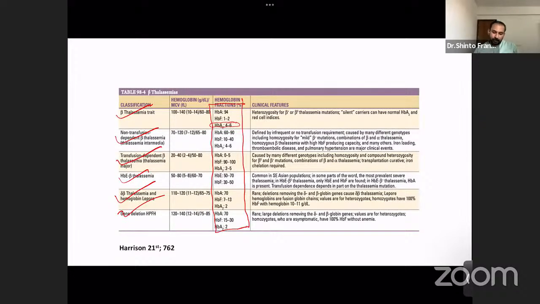Here in non-transfusion dependent, HbF is 10 to 40 and HbA2 is 4 to 6, so there will be more HbF. In beta thalassemia major, it is majority HbF and HbA2 between 2 to 5. In HbE, again HbF is 30 to 50 and the HbE fraction is 50 to 70 percent.